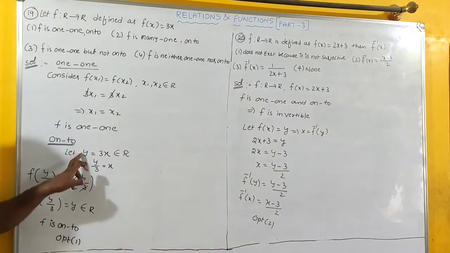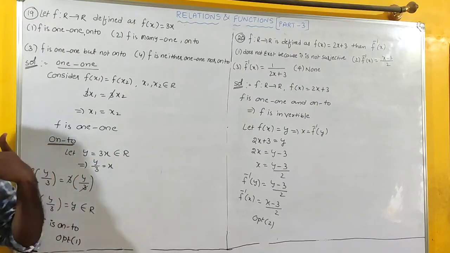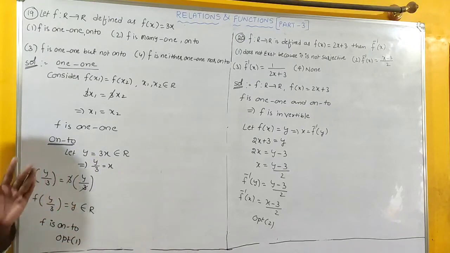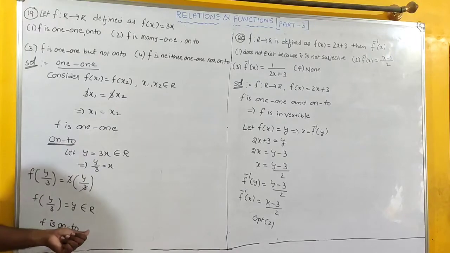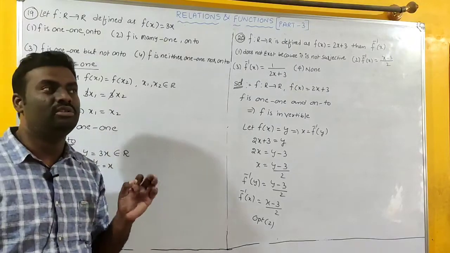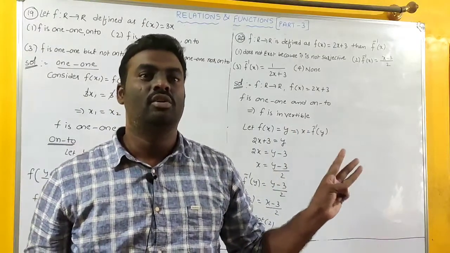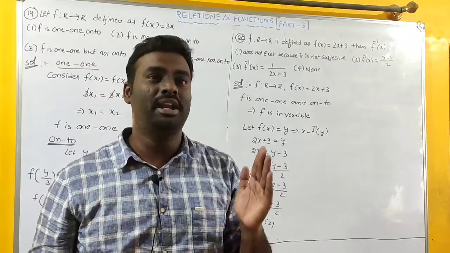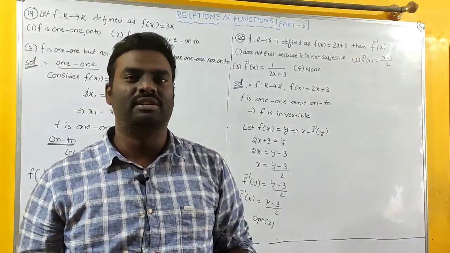If you take a value in the codomain, there exists a pre-image in the domain such that f(x) = y, then f is onto. So children, once again please read the definitions of what is meant by function, 1-1 function, onto function, many-to-one function, into function, and bijective function.